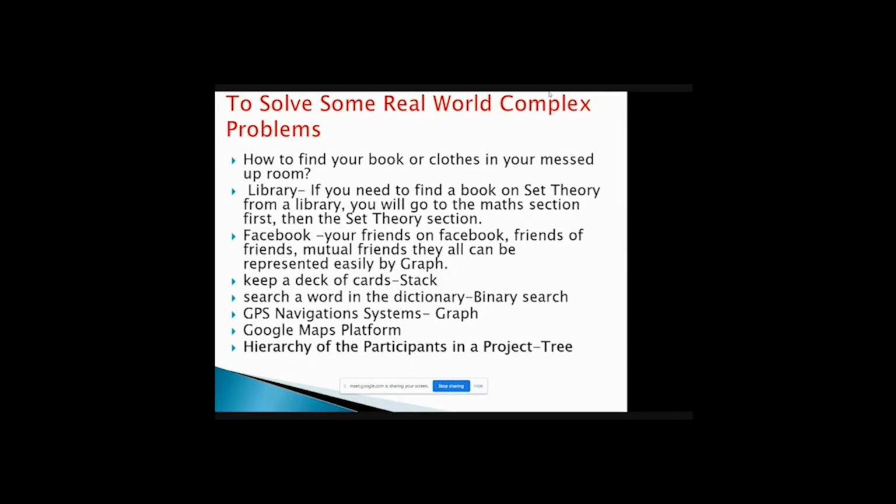A stack is something which is arranged one above the other. Whether you want to add or remove, it is always done from one end. Suppose you go to a canteen and have a meal there. You could see a pile of empty plates arranged.